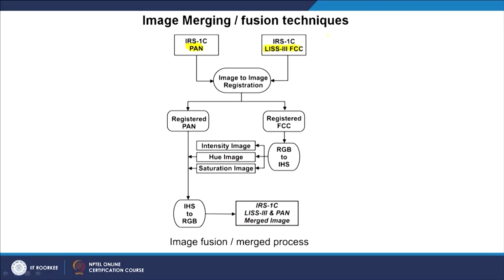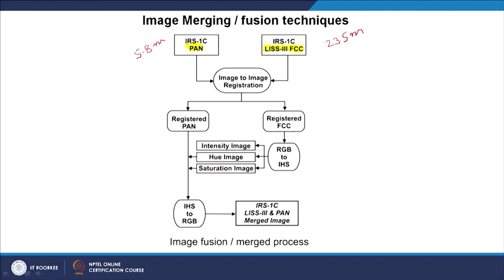This LISS 3 image is a false color composite, that means it represents a multispectral image, but relatively it has coarser resolution. What resolution does it have? About 23.5 meter, and this pan has 5.8 meter.